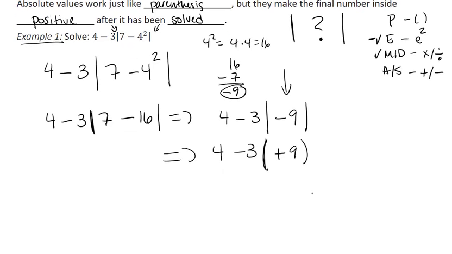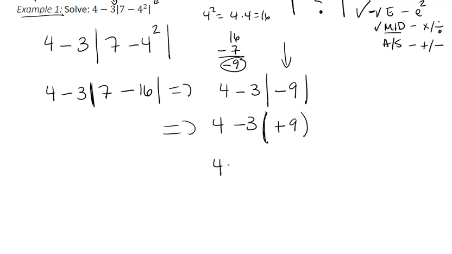So now we've dealt with our parentheses, which is our absolute value sign. We don't have any exponents left in this. We don't need to solve for that. And so the next thing is to multiply or divide, which right here we have 3 times 9. So that would be our next step. So we have 4, we have minus, and we have 3 times 9, which is 27.